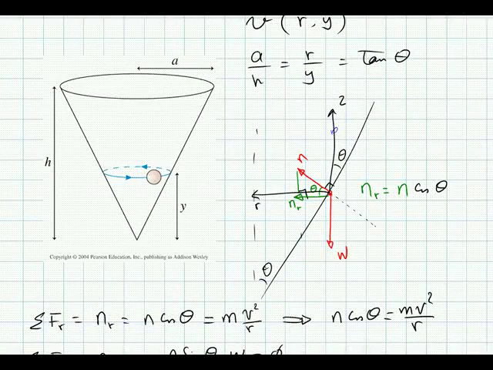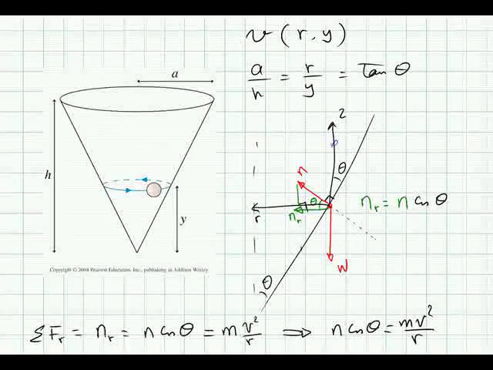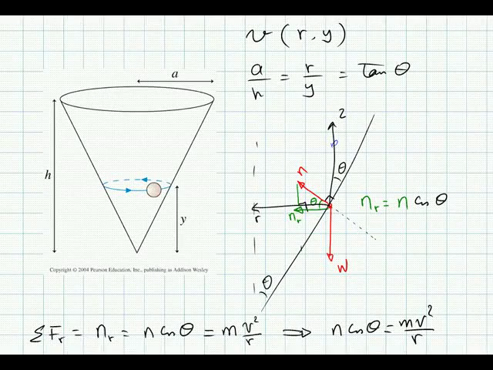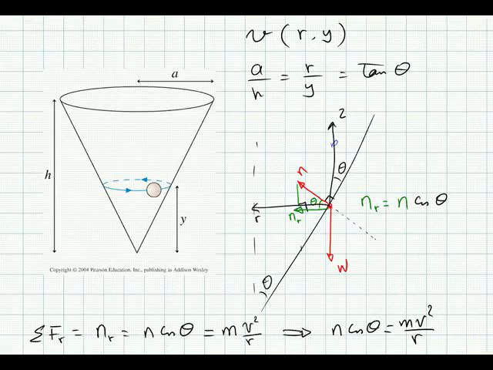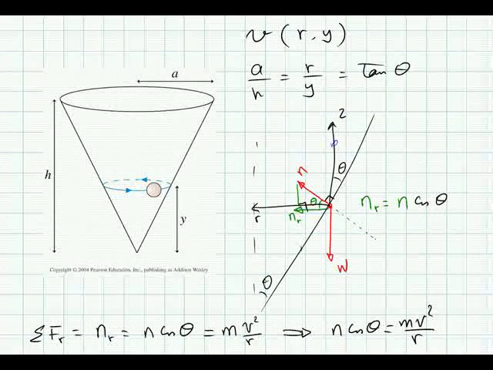A slightly more involved problem is shown here. What we have is an inverted cone, and a ball which is moving around in that blue circular path inside the cone.